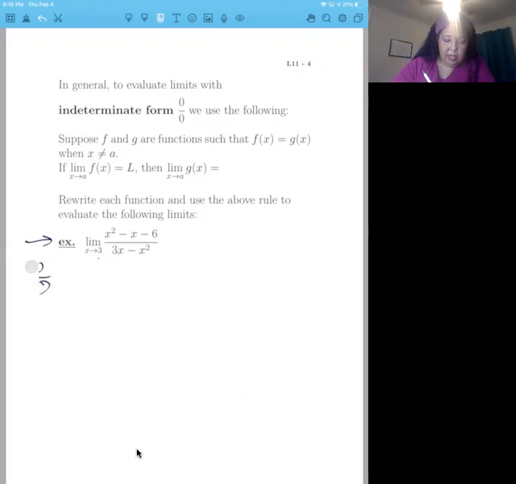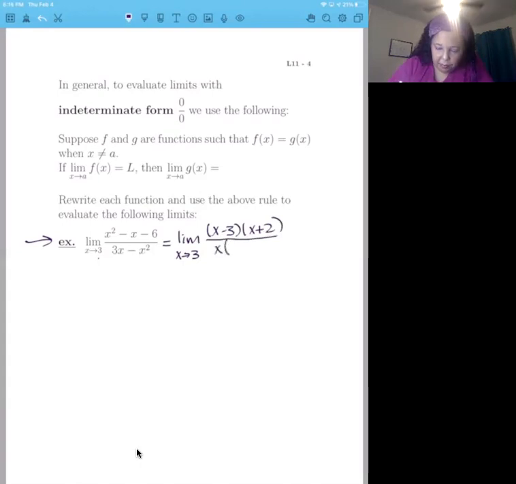But typically, if you see a rational expression, you should start with factoring. So I can factor the numerator as x minus 3, x plus 2, and I'm going to factor out just an x in the denominator. So I get a 3 minus x.